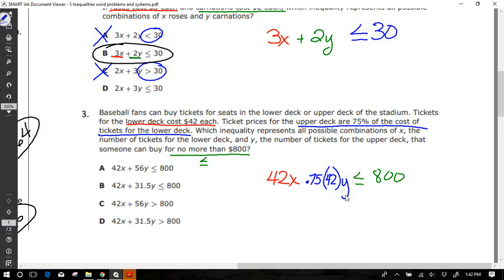And so if I just use my calculator to multiply these two things together, I'm going to get 31.5, which the only one that has both the less than or equal to and the 31.5y is option B. Okay, so that is my final answer.